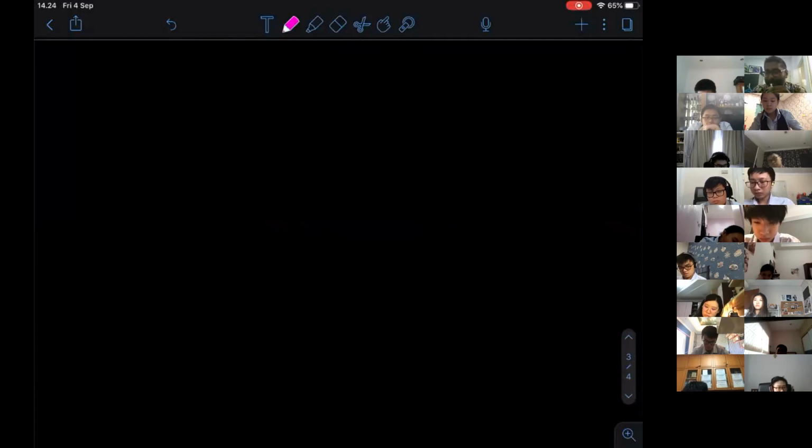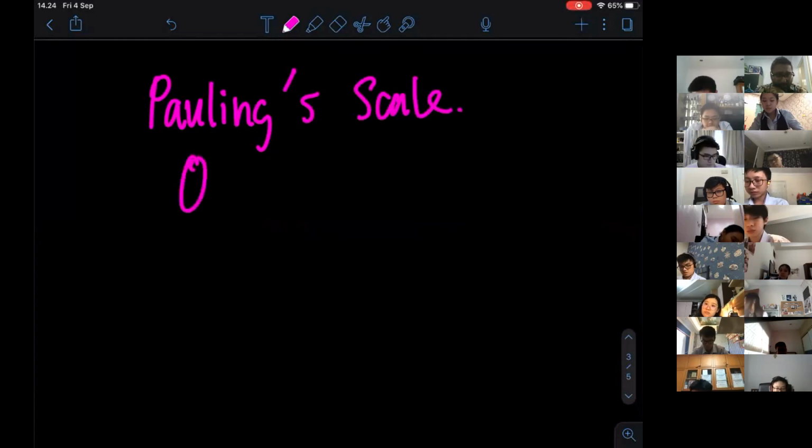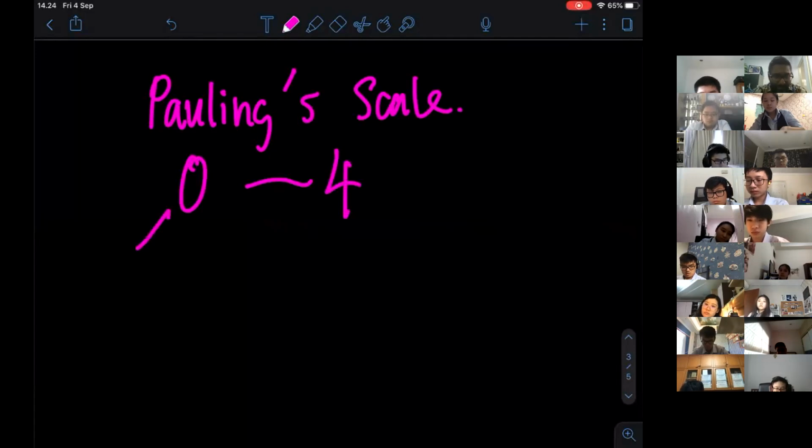And then chemists found out that you can give it a number. You can read more. They have what we call the Pauling scale. This is not in your syllabus. According to the Pauling scale, they have numbers 0 until 4. 0 is the least electronegative, 4 is the most electronegative.